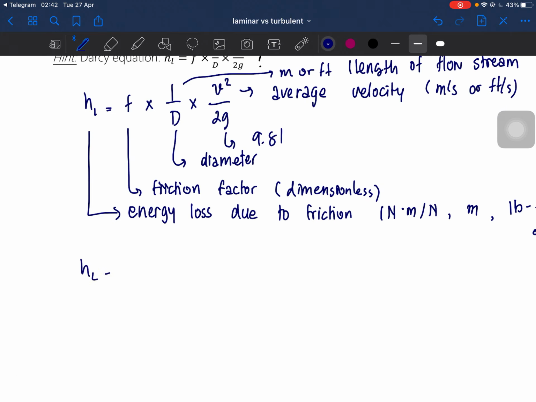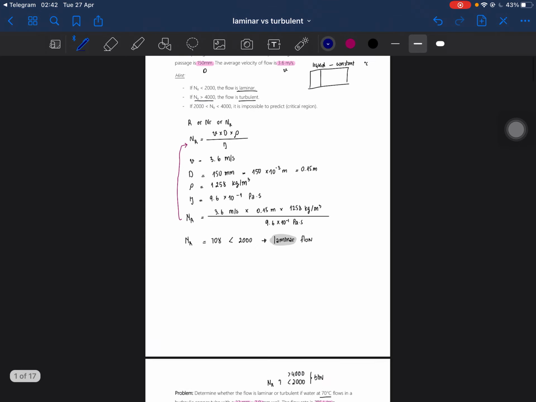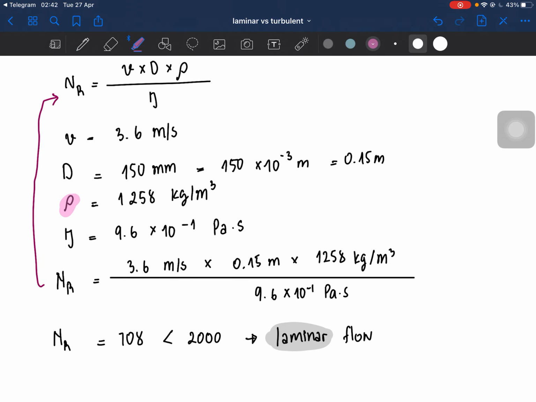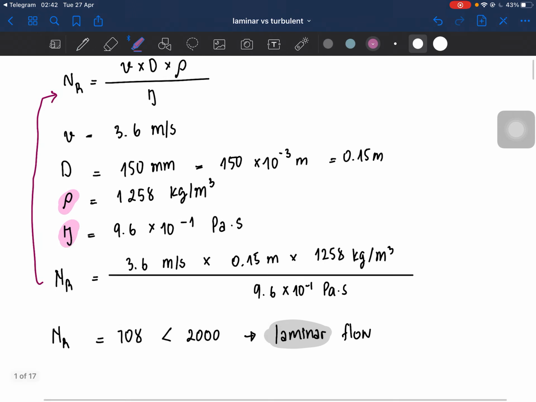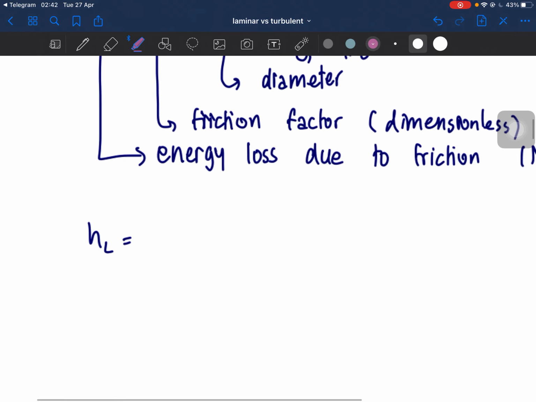So now we have everything that we need to know. We find HL equals F. In this case, we need to look at the table of the specification of the pipe. As from the first example, we have already looked at the density and the viscosity, so it's supposed to be the same because the type of liquid is the same.